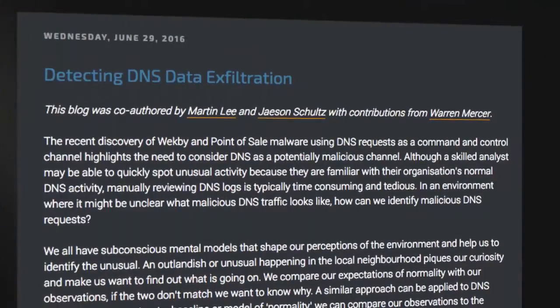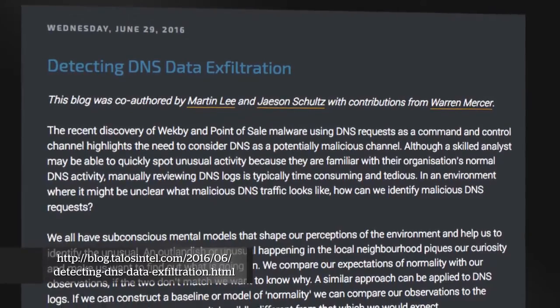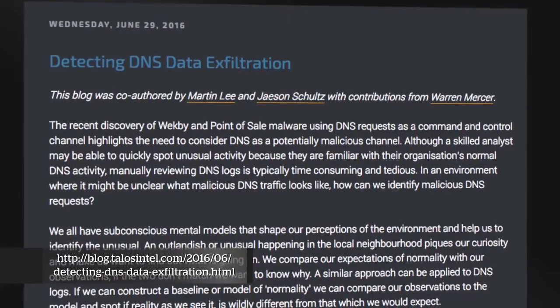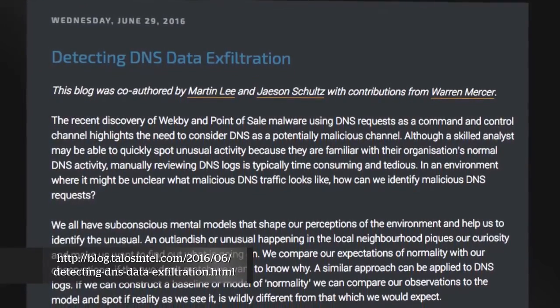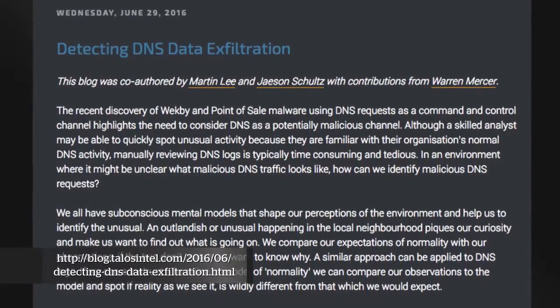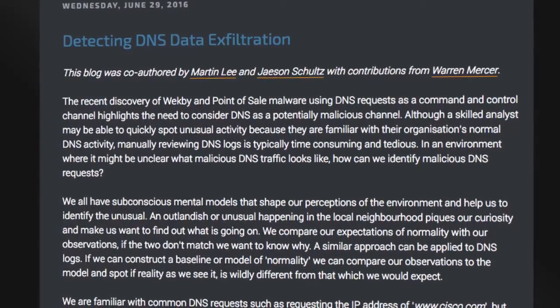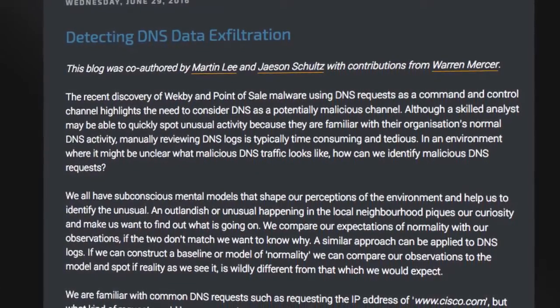But Talos has an interesting article about how you can do some statistical analysis if you are doing DNS logging of what domains are being looked up. They did some distribution studies, and a lot of these exfiltration ones have very long DNS names because they want to encode some data in there.